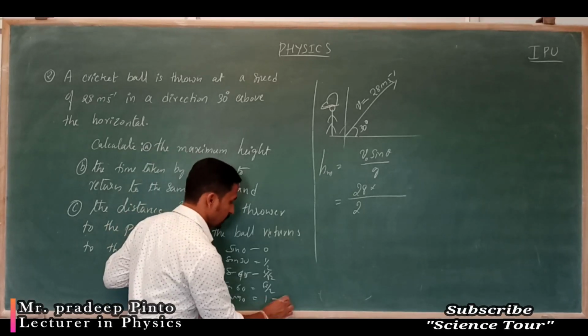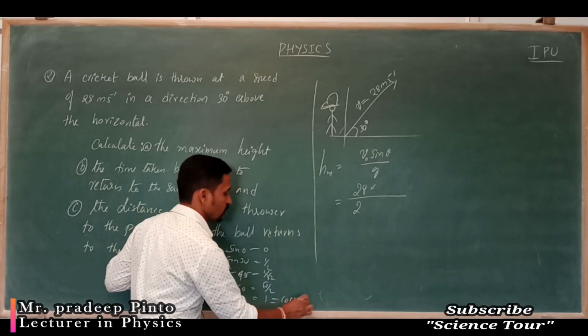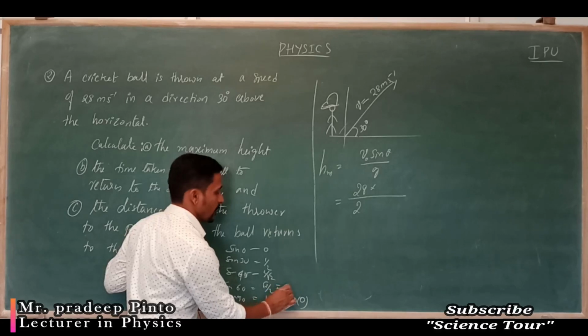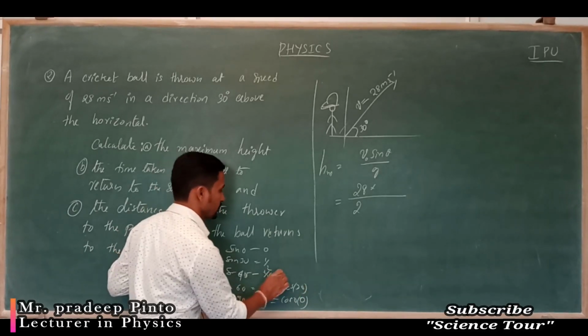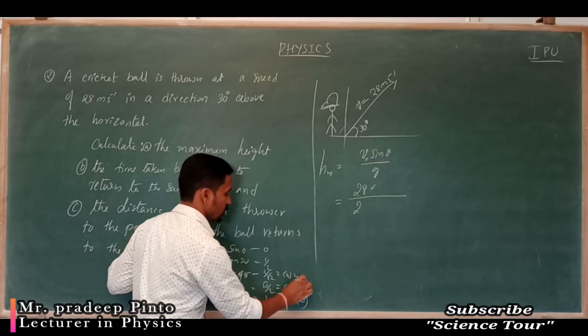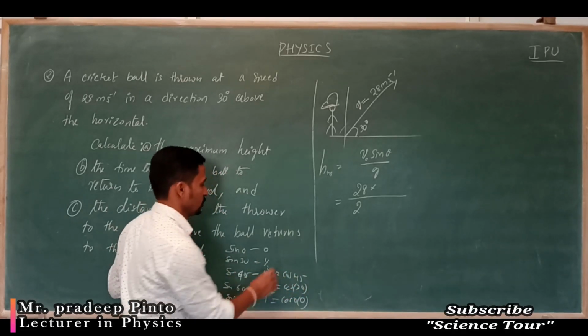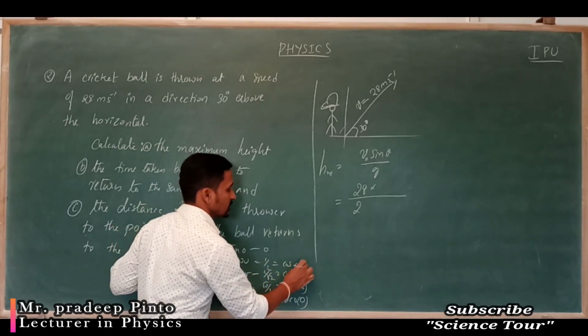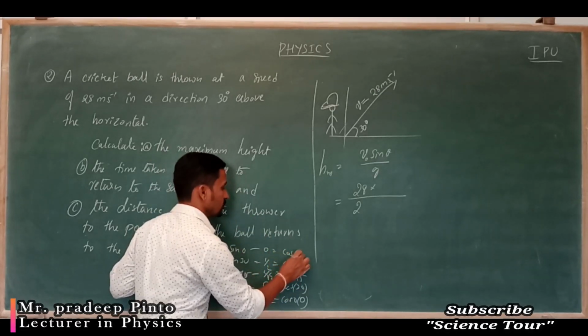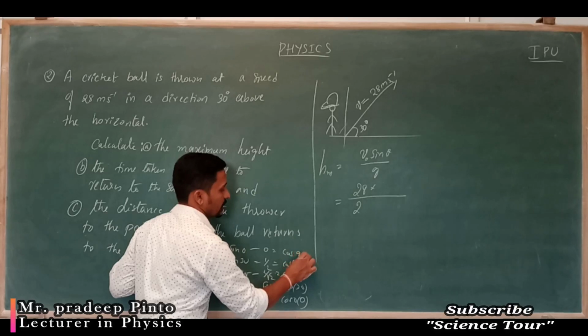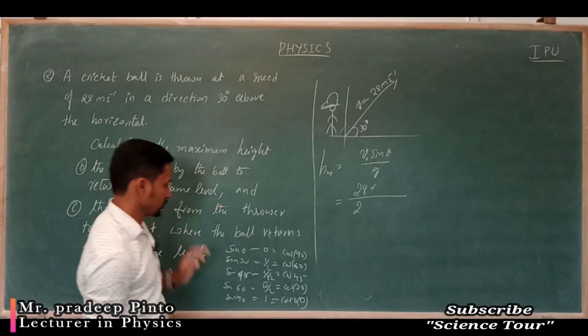Whereas cos 0 means 1, cos 30 means root 3 by 2, cos 45 means 1 by root 2, cos 60 means half, and cos 90 means 0.